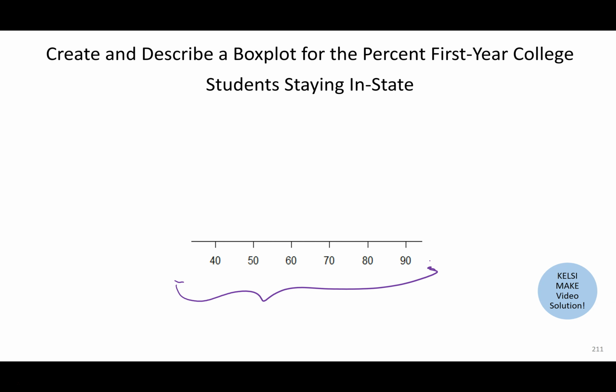I want to make sure I included everything here. So the first thing we draw is our box. Q1 is the lower bound of the box. Our median is going to be the line in the middle of the box, and Q3 will be the upper end of the box.